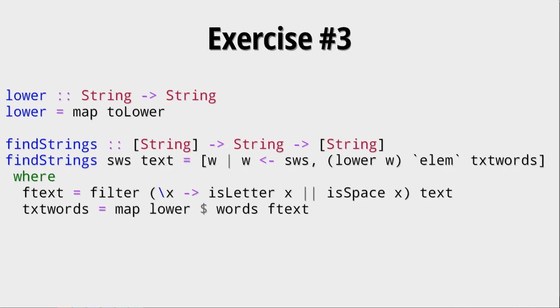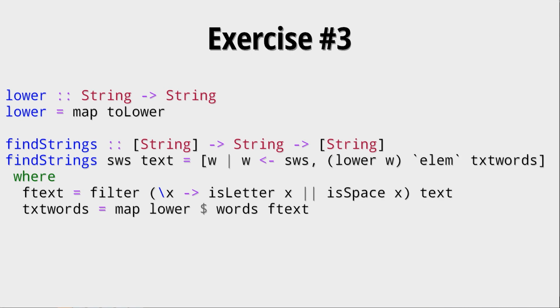It builds a new list from all the words from the search words, where the lower of w, so the lowercase version of the search word, is an element of text words. So, okay, let's look at what text words is.